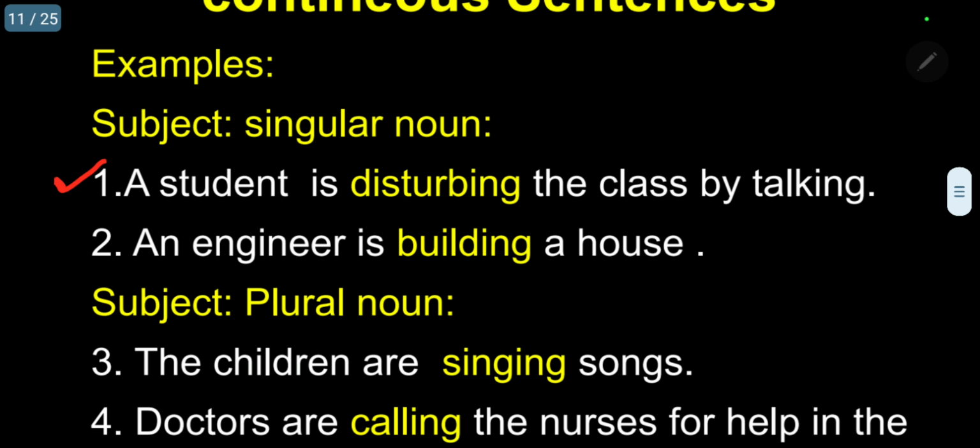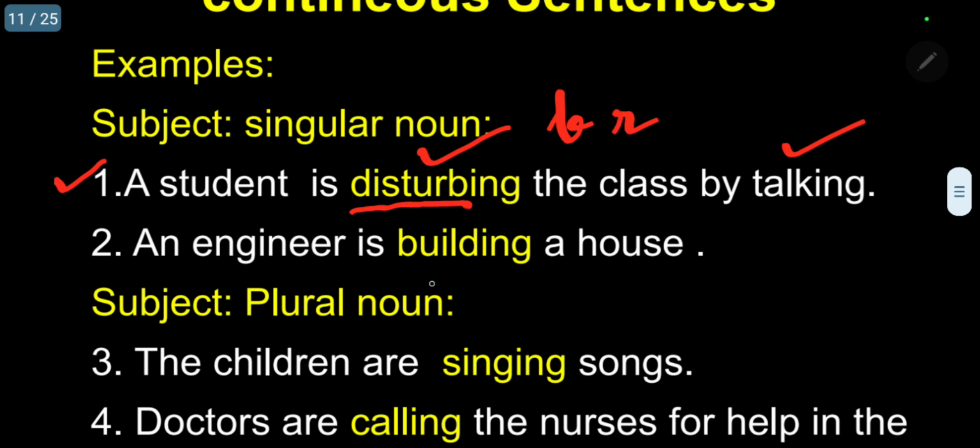A student is disturbing the class by talking. Please follow disturb. Disturb ends with B. What is the consonant? The consonant is R. So I am adding ing.